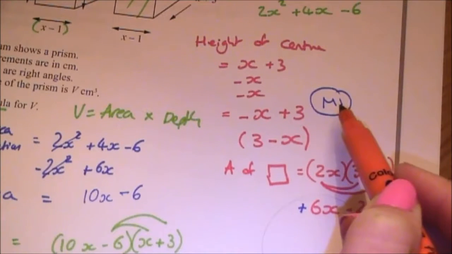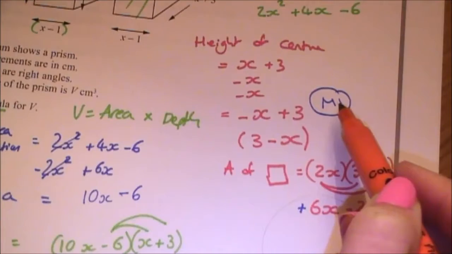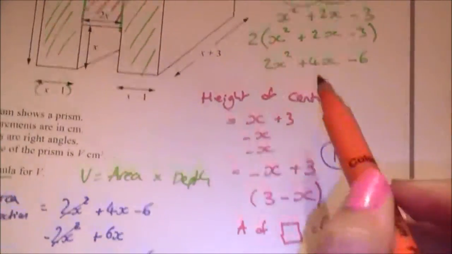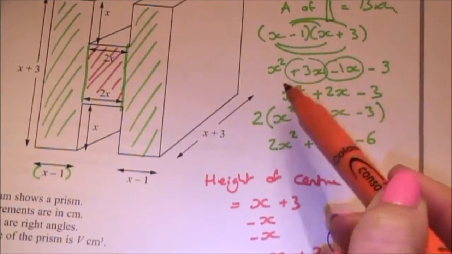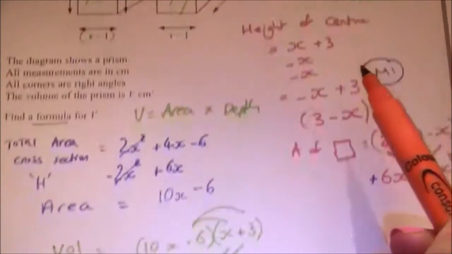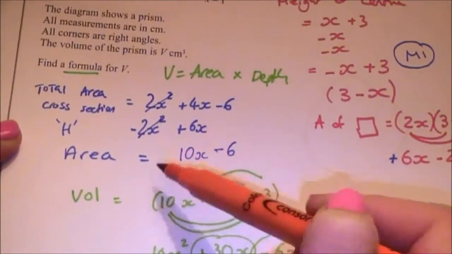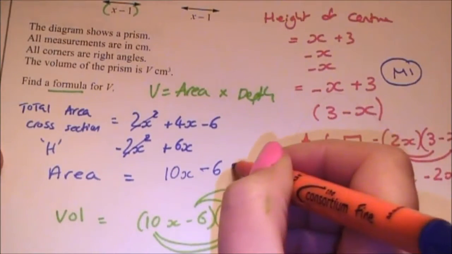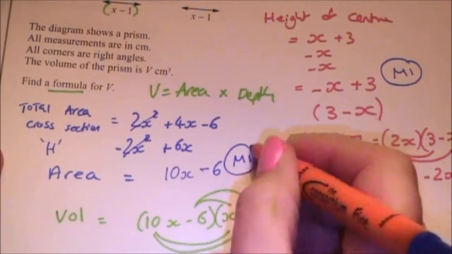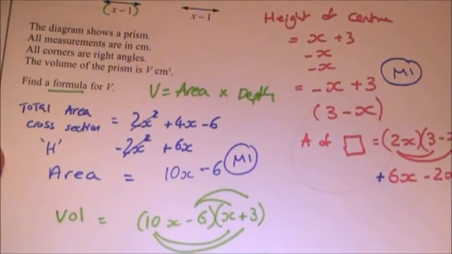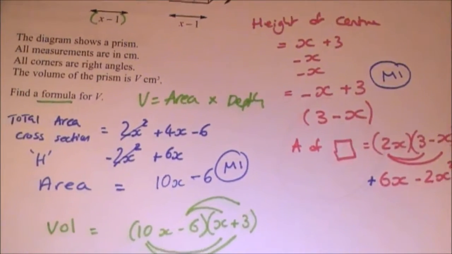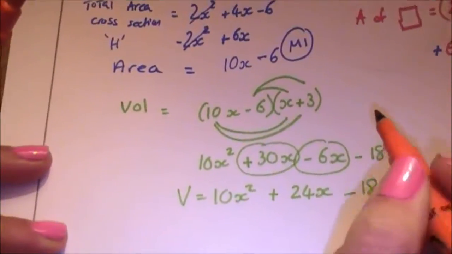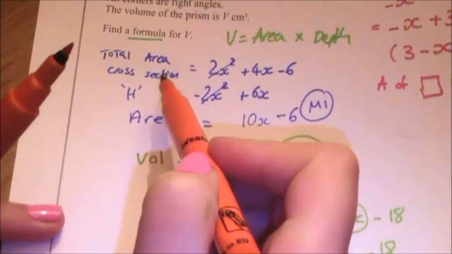My second method mark then is for having a correct expression for any one of the areas. So it could be for that area, or it could be for that area. Either way, I get 1 mark for finding the correct area. I get then the second method mark for finding a total cross section.